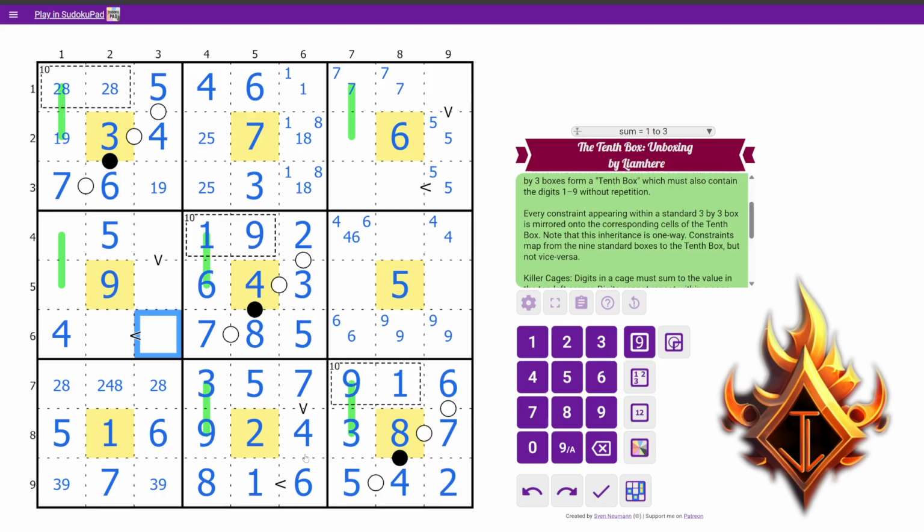And this has to be a low number. That can't be 1. This is gonna have to be 2 then, isn't it? Because it can't be 1. So that is 2. That is 3. These are 2, 8. So that is 4.